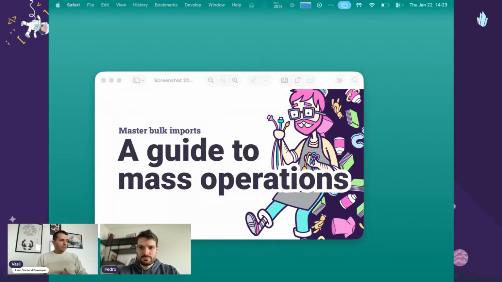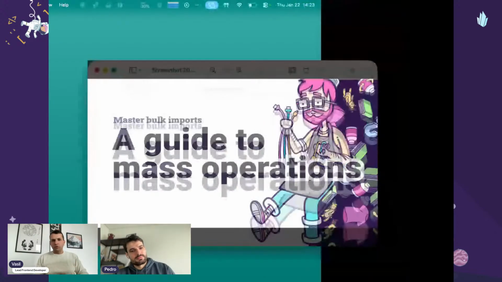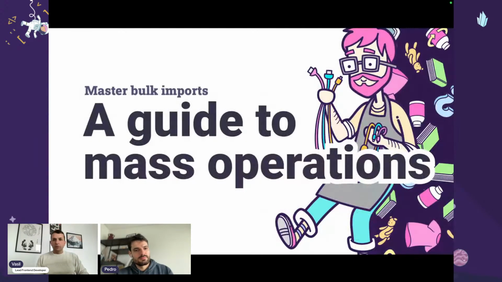Cool. I think that's all. I think the important part here is that I can recommend people go online to the crystallize.com documentation. Check the document that we have for mass operations, so you know how it works, what it expects, and everything is written there. It will also help you to start with the Crystallize CLI, very easy, as Pedro showed you.